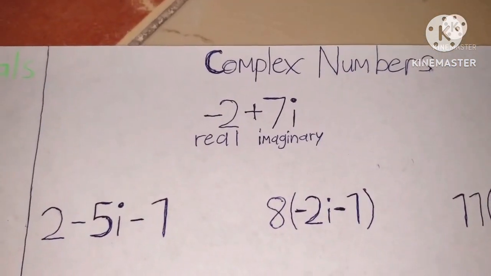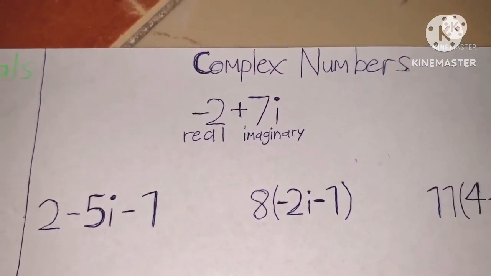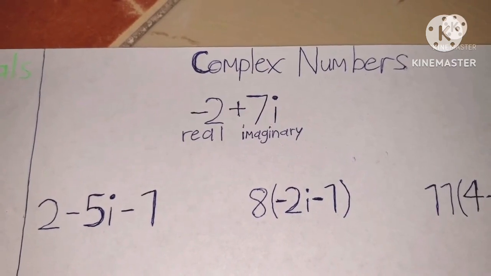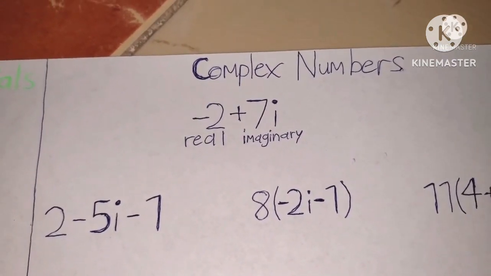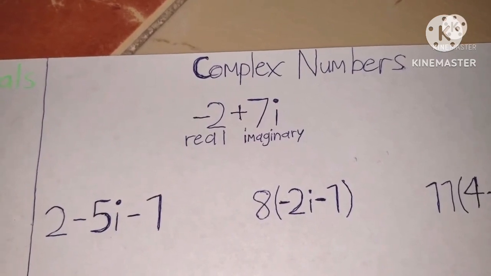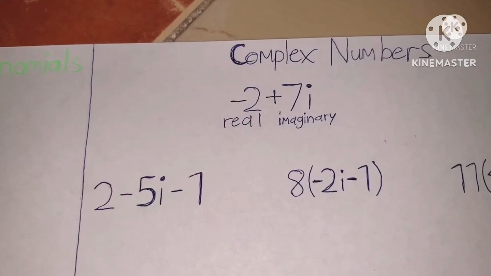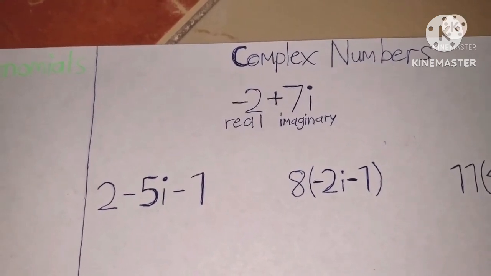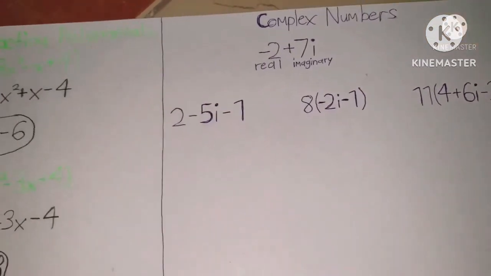For example, -2 plus 7i. What does this mean? The -2, the number only, is real, and the number with the i, like 7i, is imaginary. The rules are that you have to subtract or add the numbers without the i's, and that's how you get it. But I'll show you here.